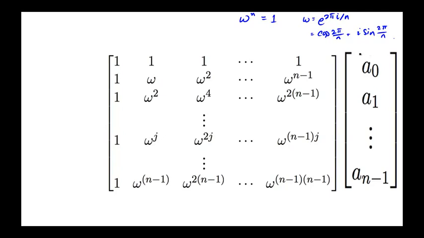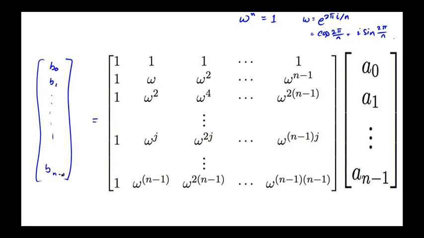And it takes as input an n-dimensional complex vector, and it outputs an n-dimensional complex vector, b0, b1, up to b n minus 1. Okay, so that's our n-dimensional discrete Fourier transform. And now we want to understand how to implement this efficiently. So first, let's see how to implement it efficiently using a classical circuit.